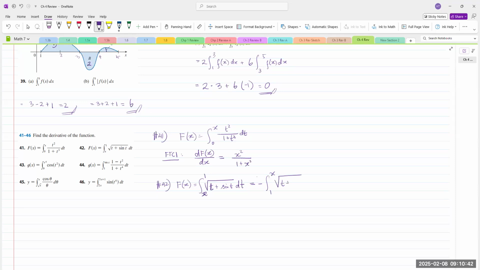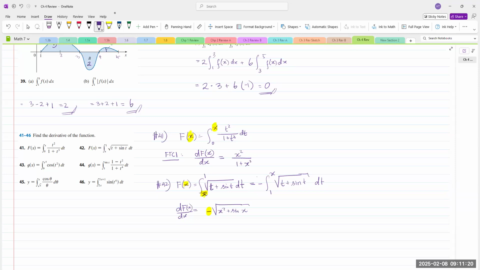And then when we apply the fundamental theorem of calculus, the first part, we will get negative square root of 1 plus x plus sine x. But I hope you see that if the variable x is at the bottom, you have that extra negative. If the variable x is at the top of that interval of integration, you keep it as is.